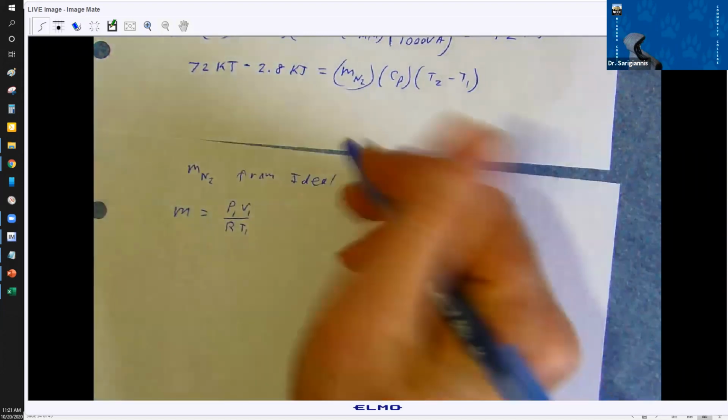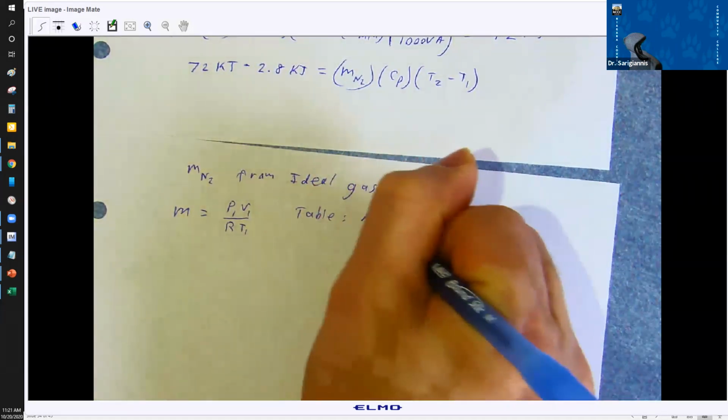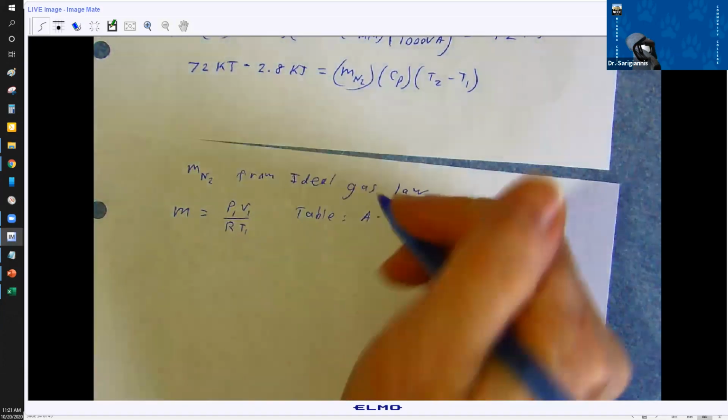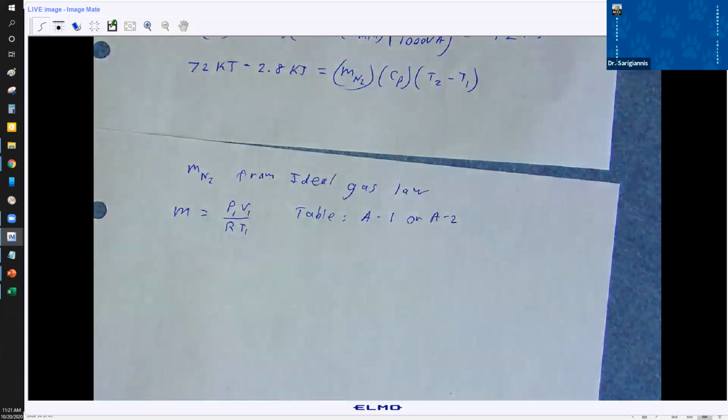All right, so you can use table A1 or A2. Both of those tables have the gas constant for nitrogen in them. Table A2 also has a specific heat.